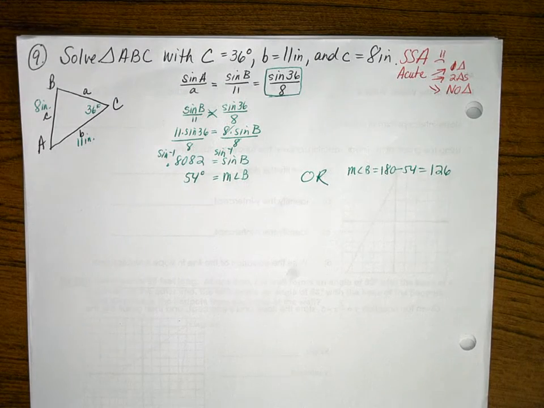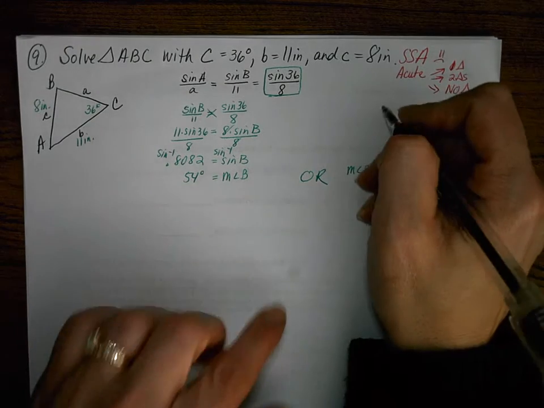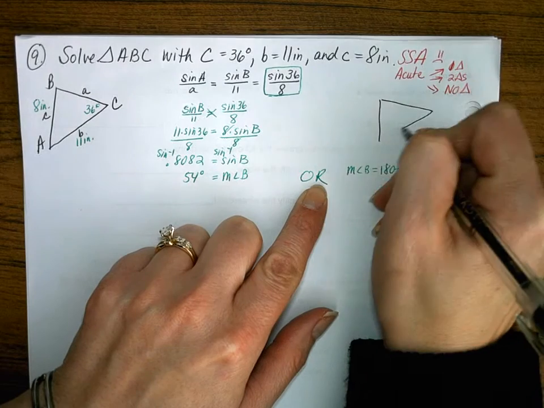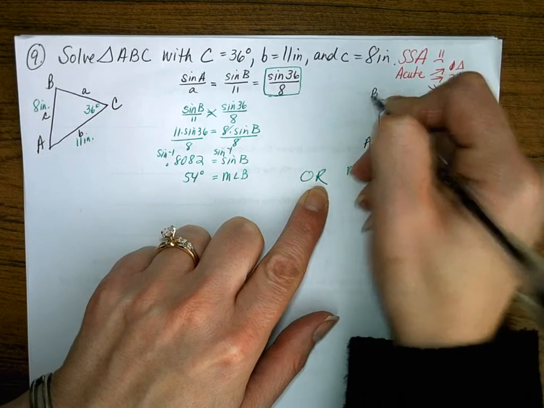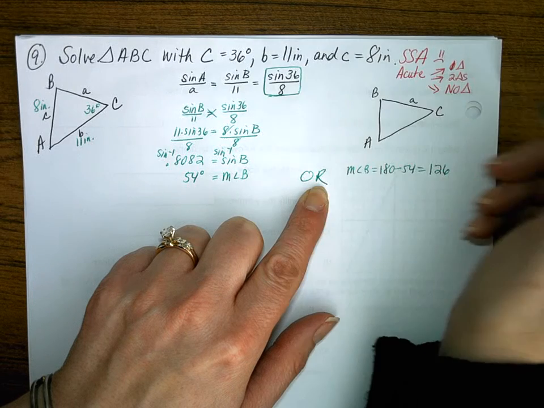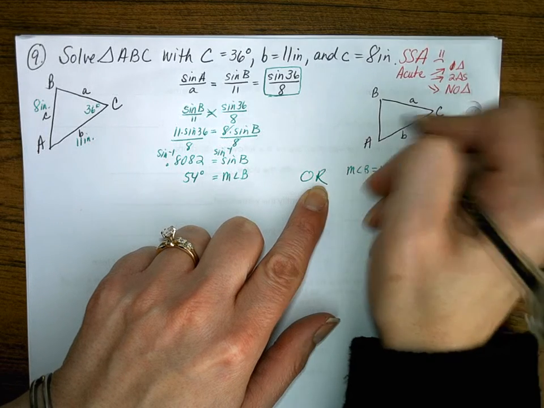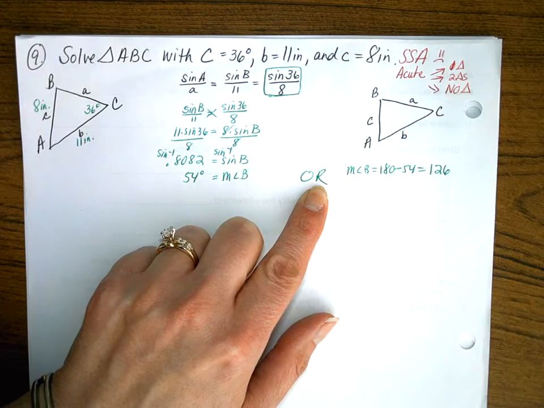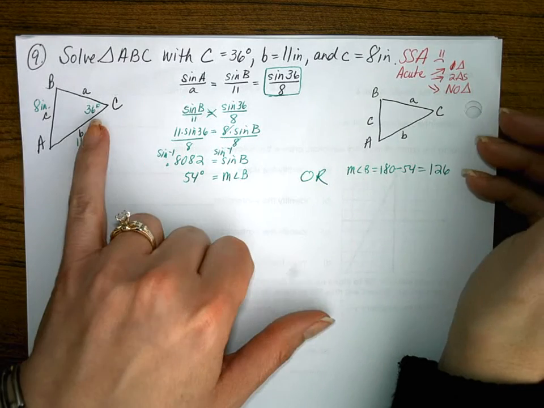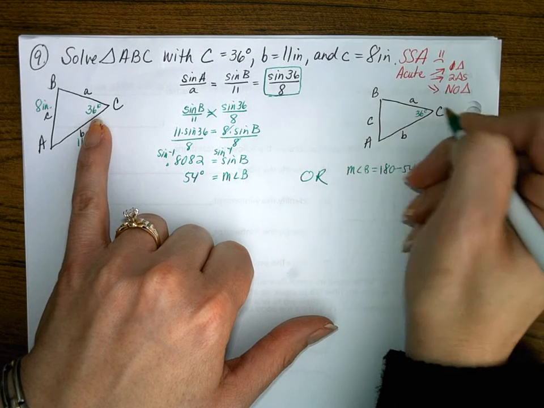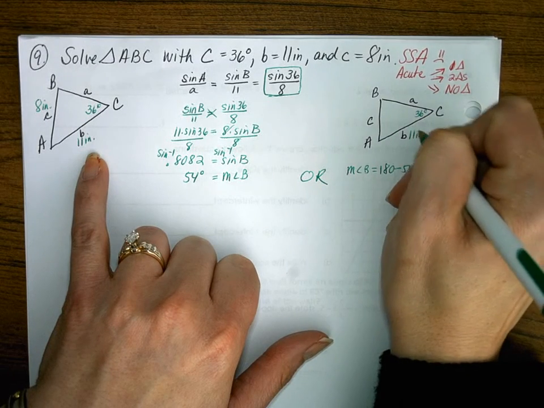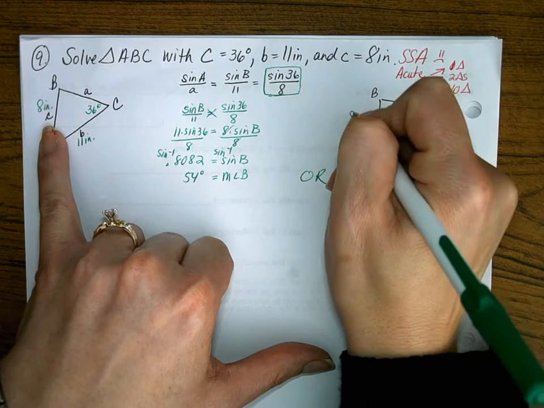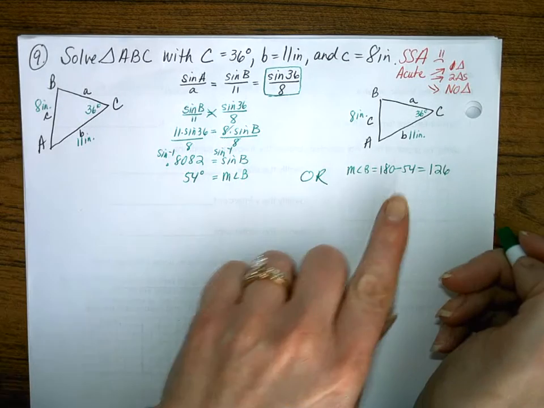Now I have to draw a whole new triangle ABC. Little a across from angle A, little b across from angle B, little c across from angle C. We knew that C was 36, little b is 11 inches, and little c is 8 inches. But in this picture, what do I know?